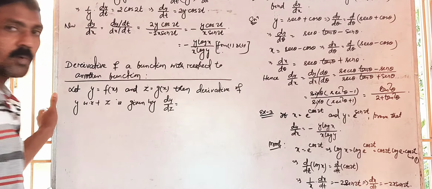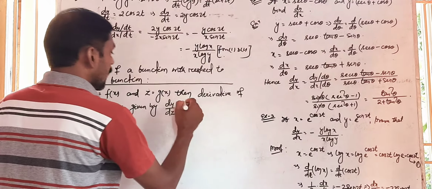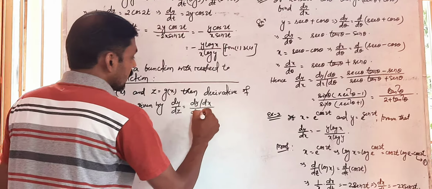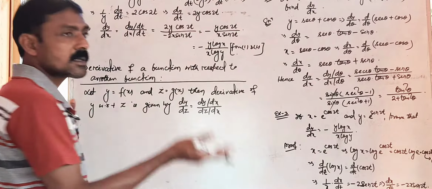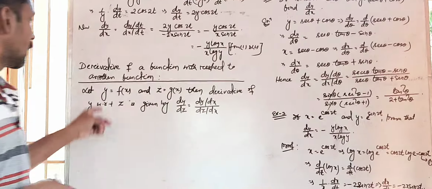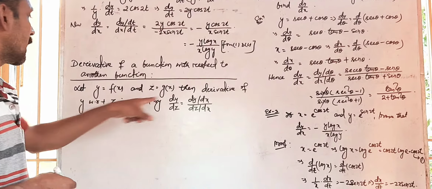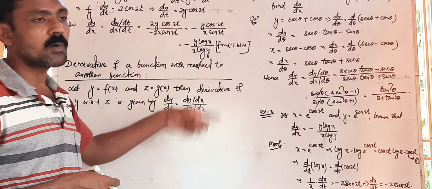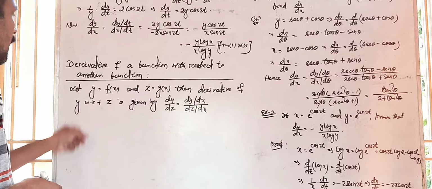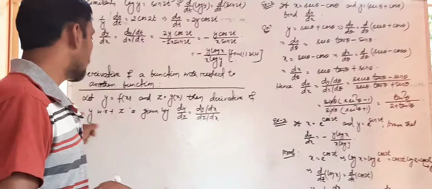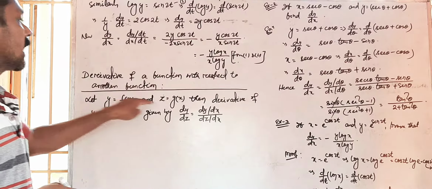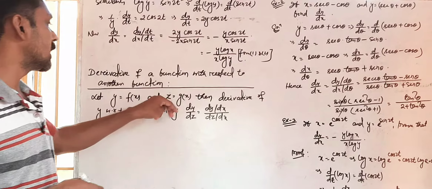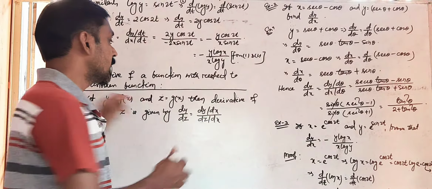Now y is a function of x, so we can write dy by dx by dz by dx. This is just the same as your parametric form. The only difference is that in parametric form it was dy by dx equal to dy by dt by dx by dt, whatever variable or parameter there is. But in the derivative of a function with respect to another function, both y and z are two functions of the same variable x. The formula is dy by dx by dz by dx.